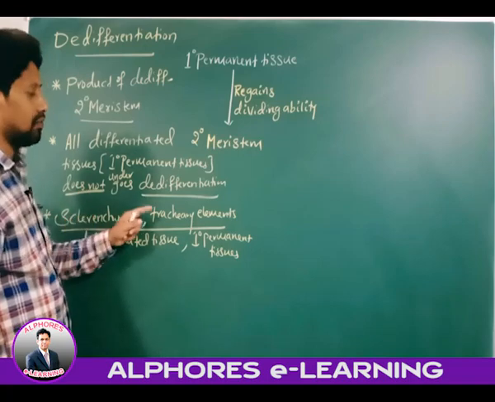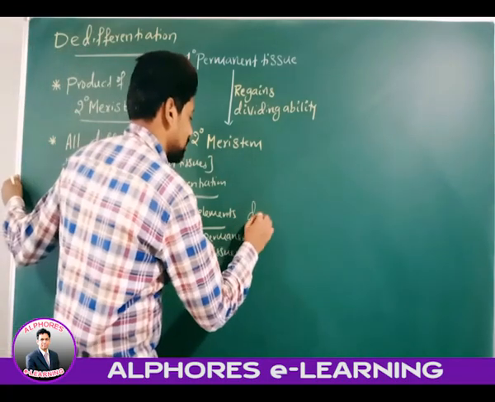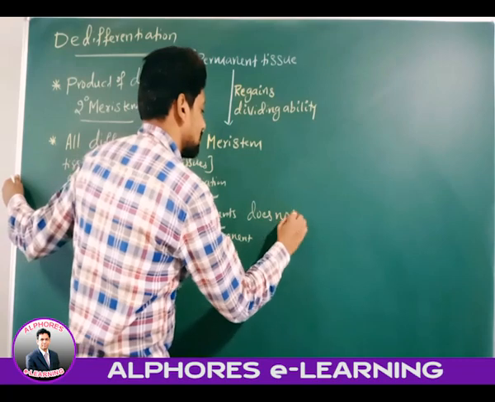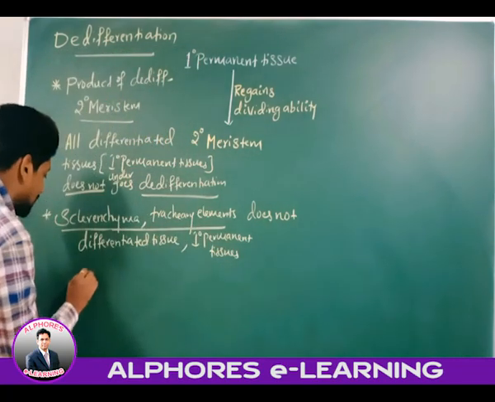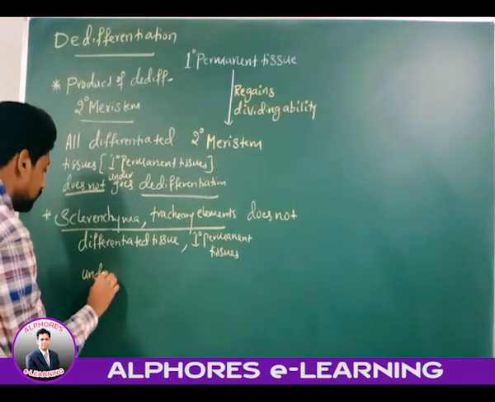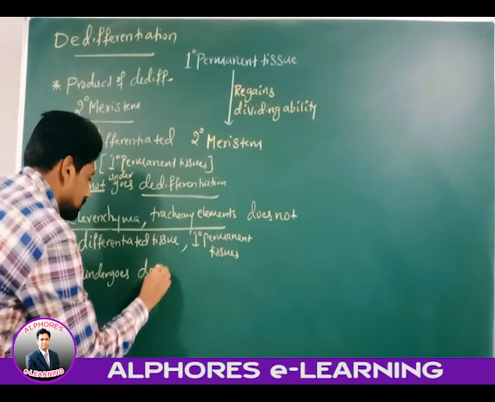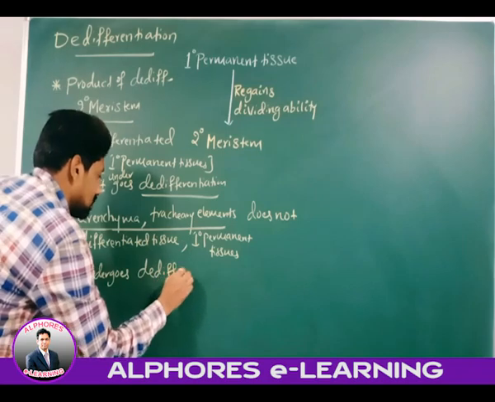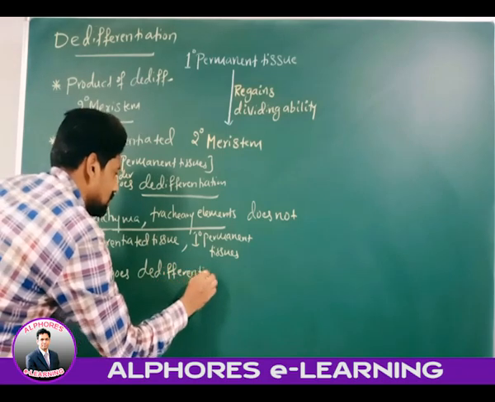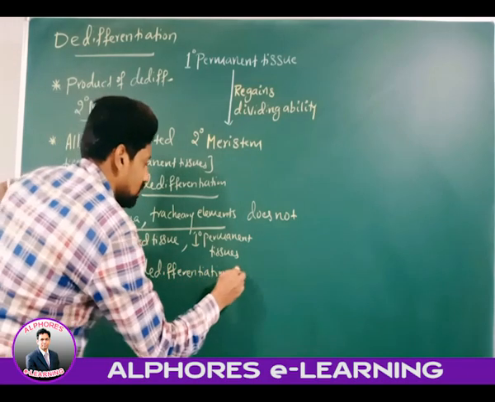Therefore, sclerenchyma and tracheary elements do not undergo dedifferentiation. Why?